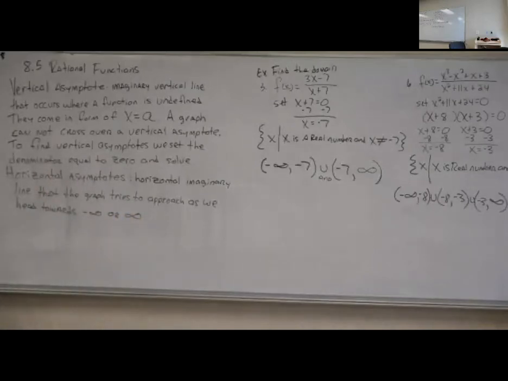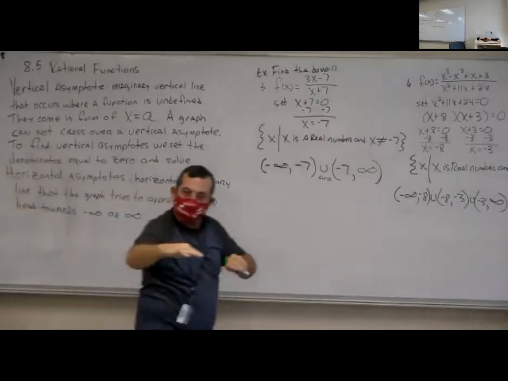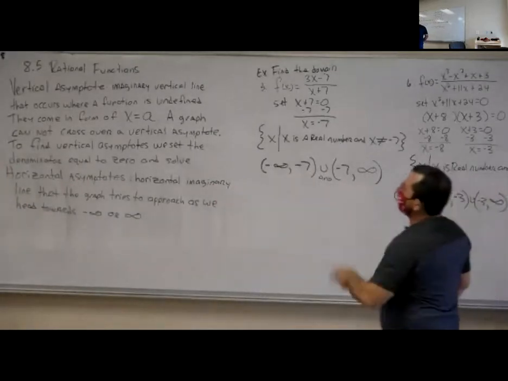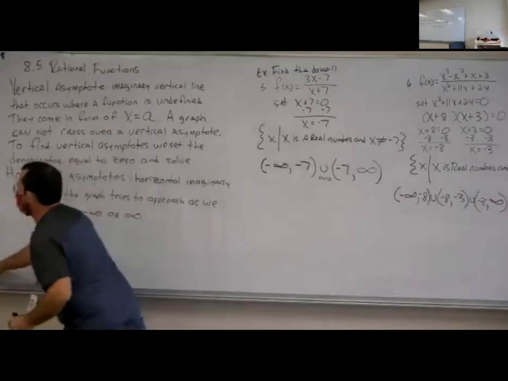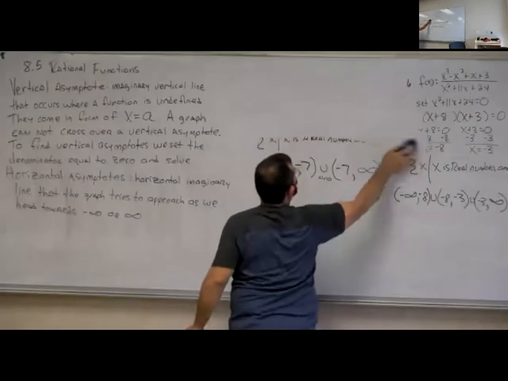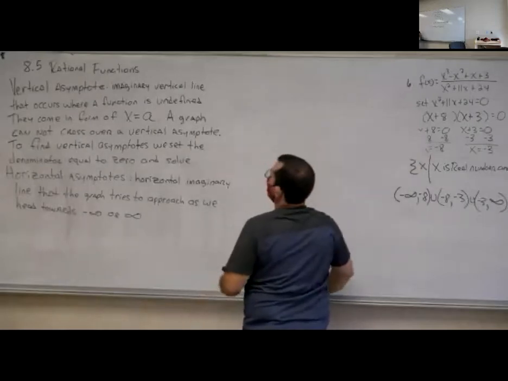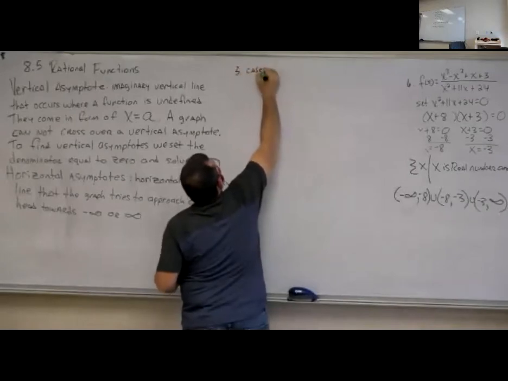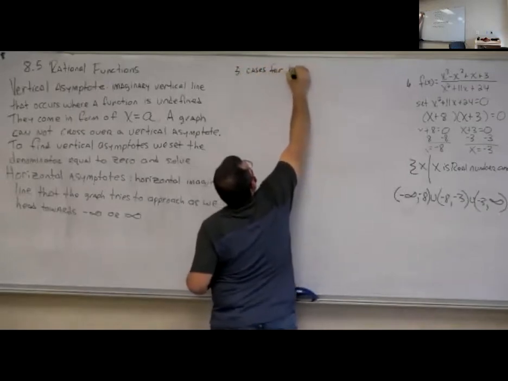We're talking about the further you go out on these graphs, you'll see them trying to level off and get to one of these imaginary lines, okay? So there's three cases on the horizontals. So these are the three cases for horizontal asymptotes.